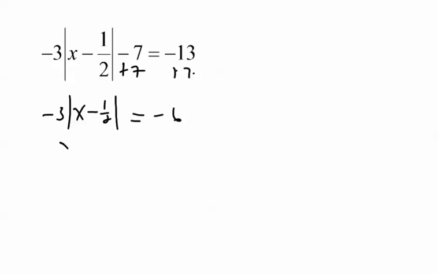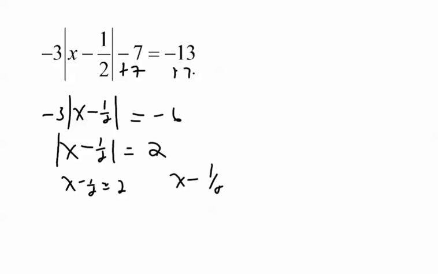Then I divide both sides by negative 3, so I get the absolute value of x minus 1/2 is equal to 2. So then I set this up. x minus 1/2 equals 2, or x minus 1/2 equals negative 2. So then here I add 1/2, so x equals 2 and 1/2. And here I add 1/2, and I get x equals negative 1 and 1/2. Okay?